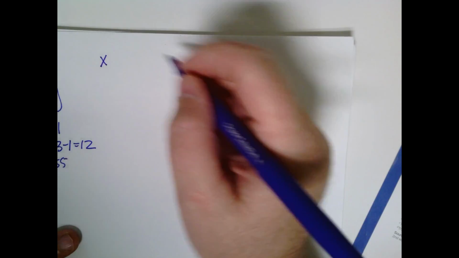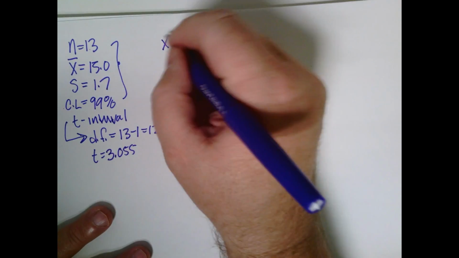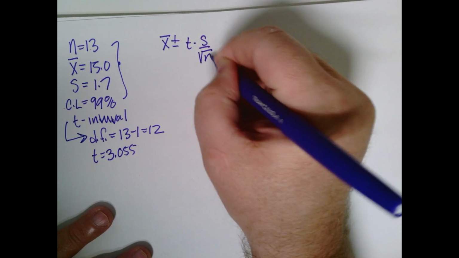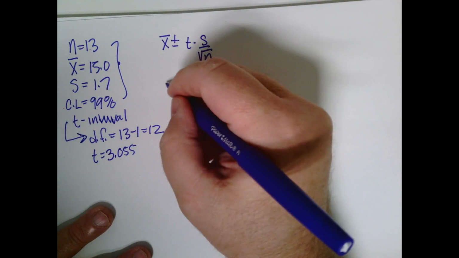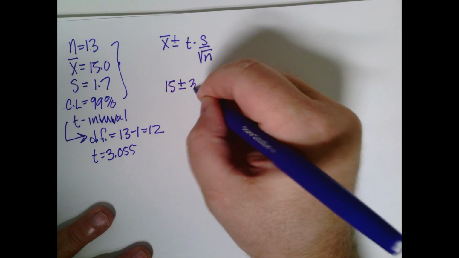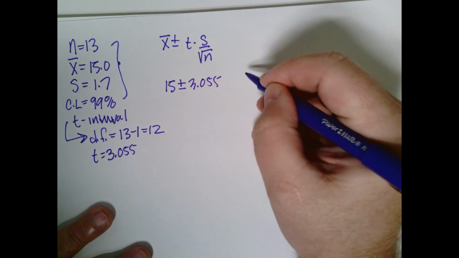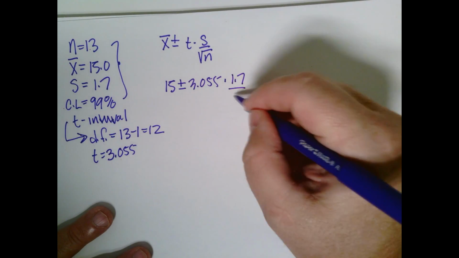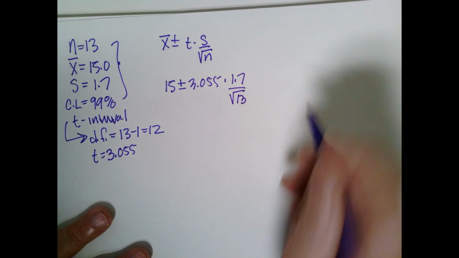So my t is going to be 3.055. Now I can plug it in the formula that we use, which is x bar plus and minus t times s over the square root of n. So x bar is 15 plus and minus 3.055 times s, 1.7, over the square root of 13.